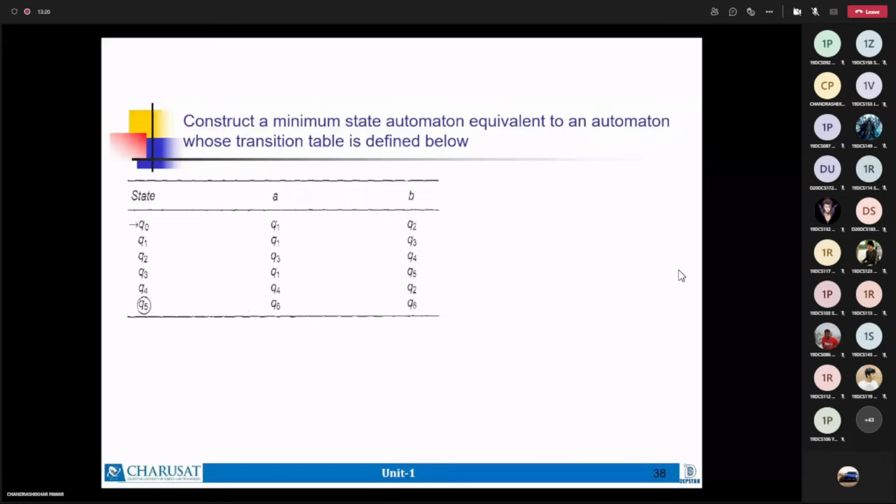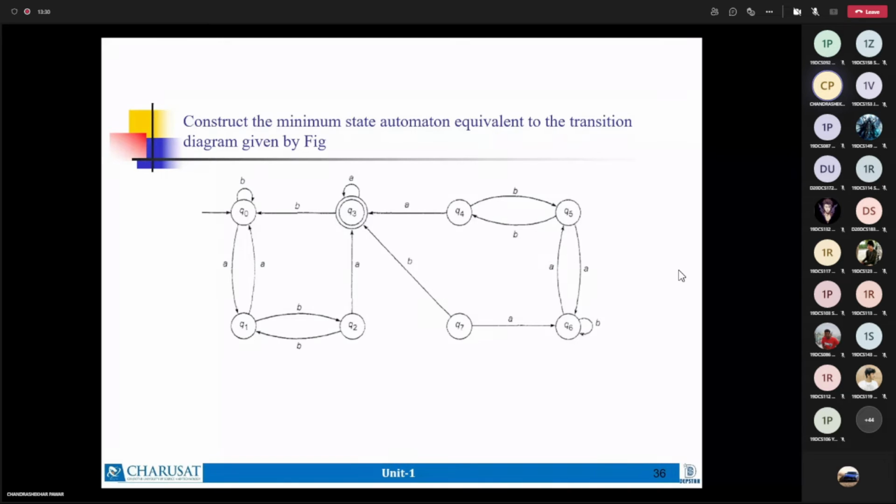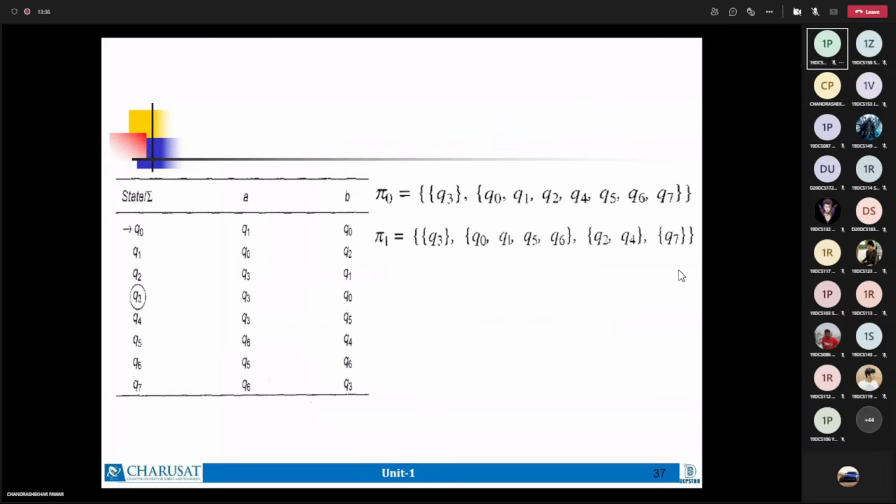Most probably it is a deterministic finite automata. All the examples we have considered up till now are deterministic finite automata. Clear?